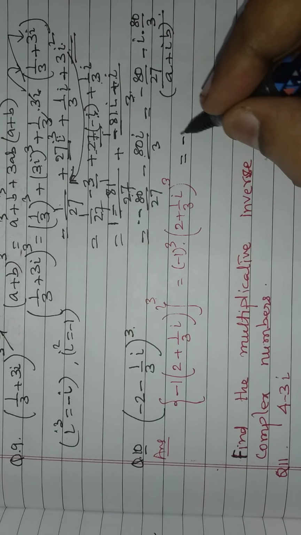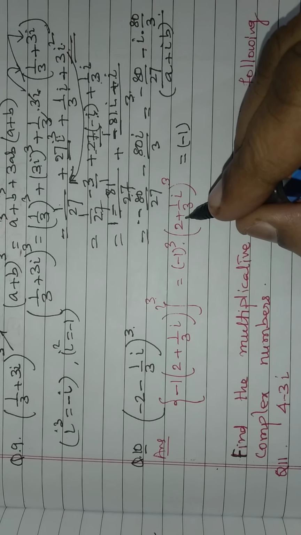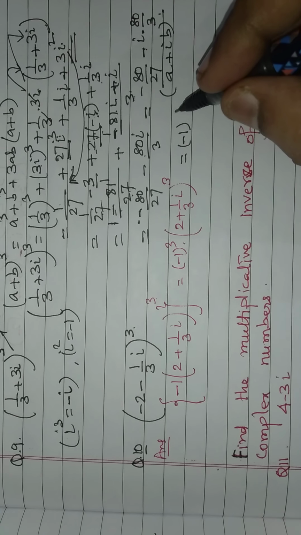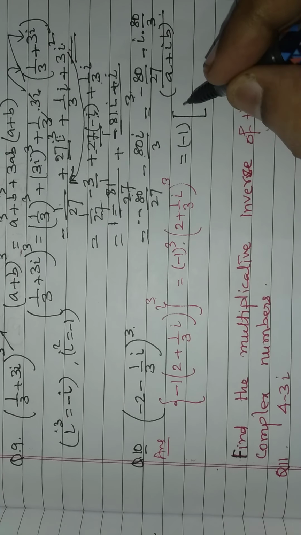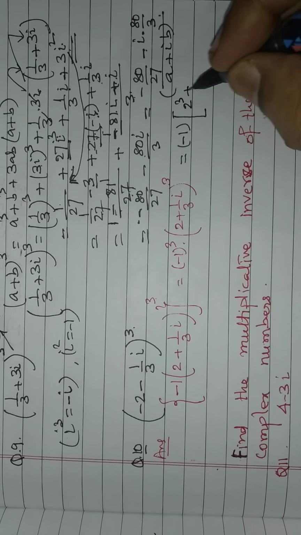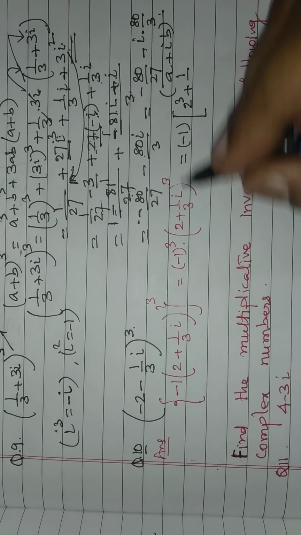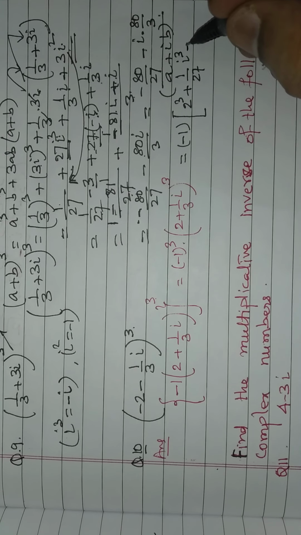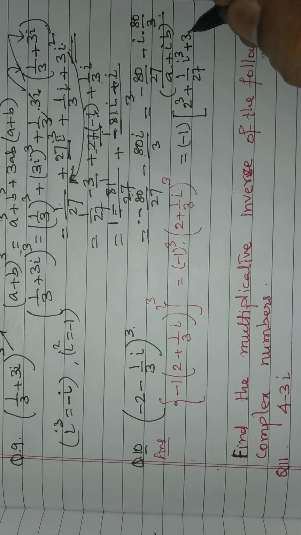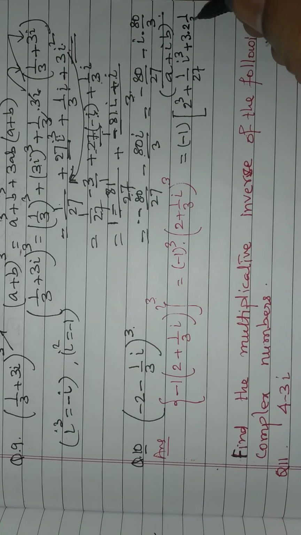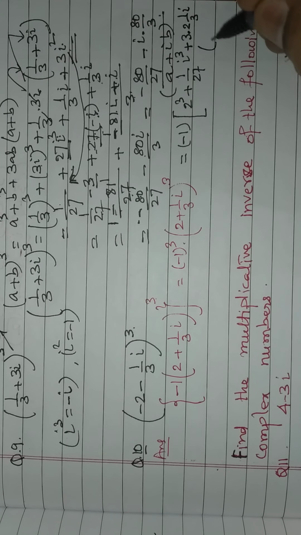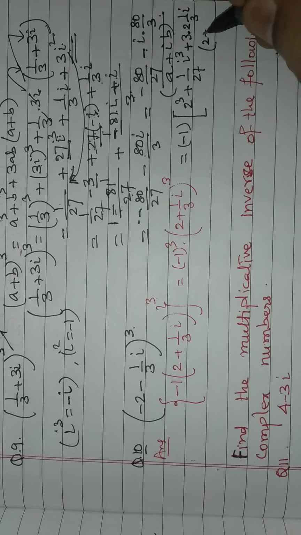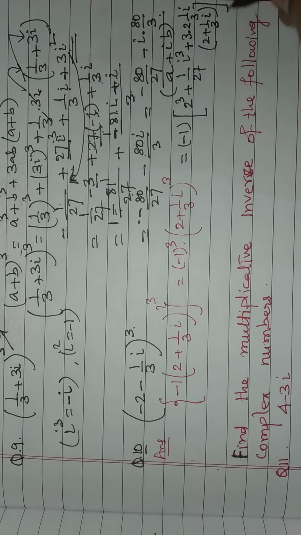Minus 1 whole cube means minus 1, and here (a plus b) whole cube. So in the square bracket I write 2 cube, and then (1/3) cube means 1 by 27, and then i cube, then 3 into a into b, so 2 into 1/3 i, and then under bracket (2 plus 1/3 i).